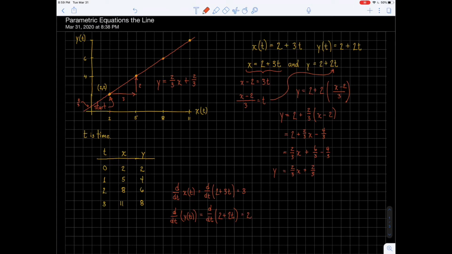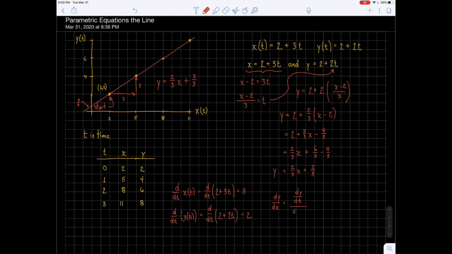And notice this. Normally when we talk about a slope, we talk about the slope as the derivative of y with respect to x. But let's see what we've got. Here our derivative of y was with respect to t. That was dy dt.